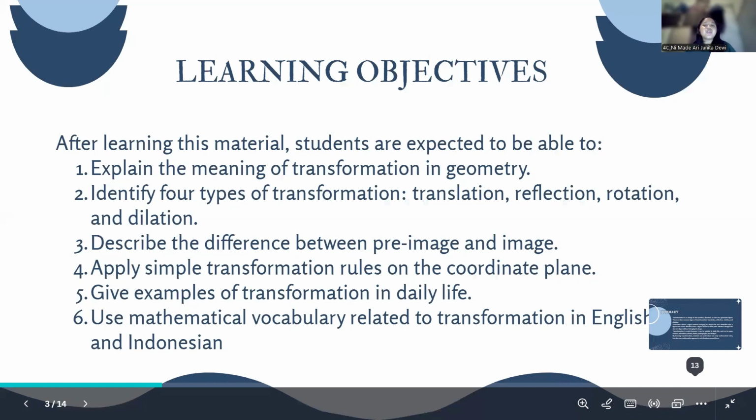Besides that, you will learn how to use simple transformation rules of the coordinate plane. You will also see how transformation is applied in daily life. And at the end of the lesson, you are expected to use some mathematical expressions in English, such as translation: move a figure, reflection: flip a figure, rotation: turn a figure, and dilation: change the size of a figure.